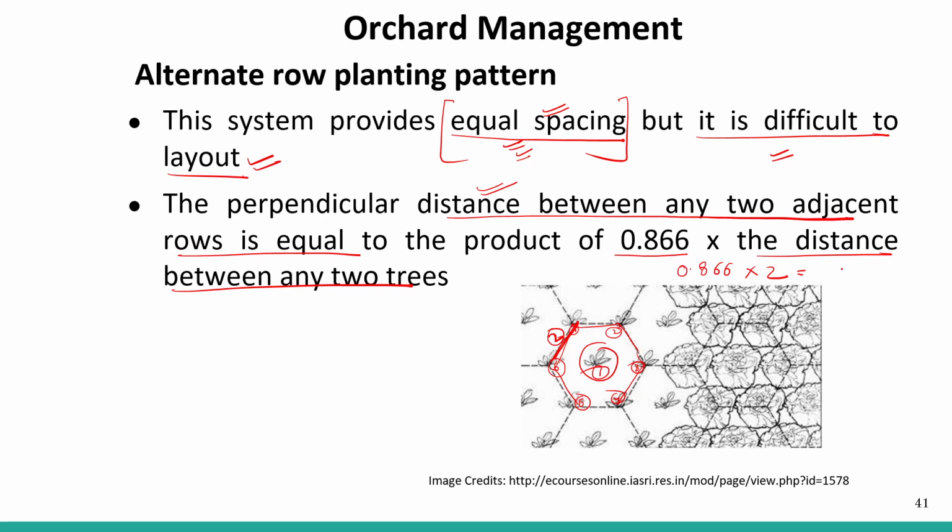So that will be 1.732. Like this we can calculate.